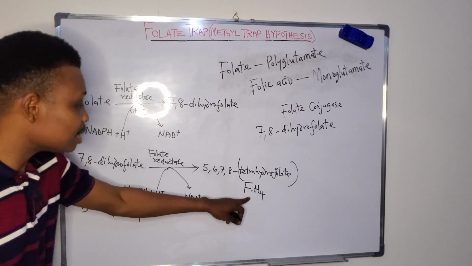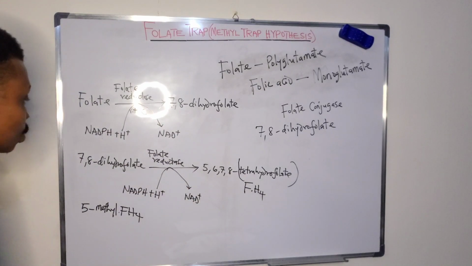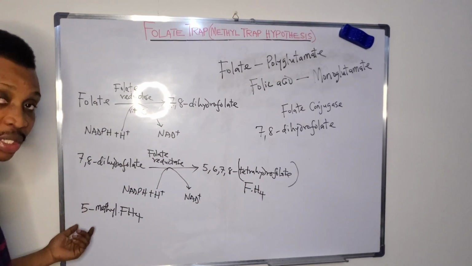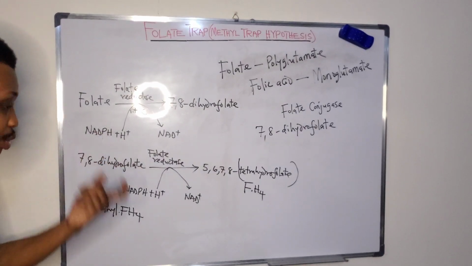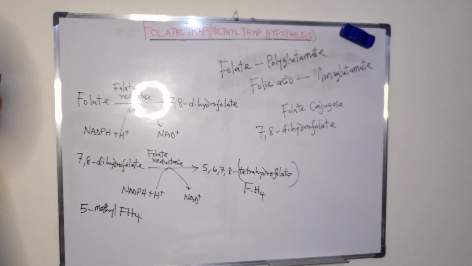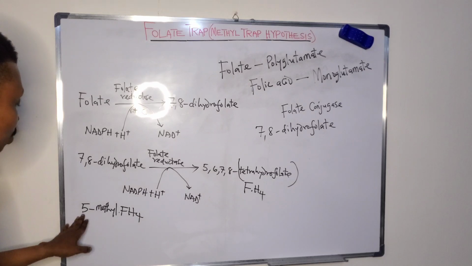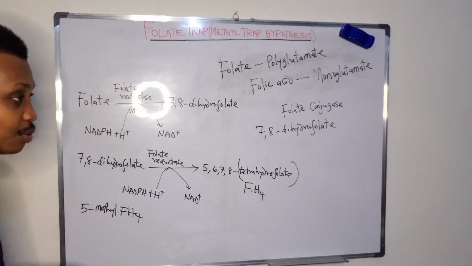Remember, I said let this represent tetrahydrofolate. So a methyl group will be attached to the 5th carbon position of the folate molecule, and that will give rise to 5-methyl tetrahydrofolate.